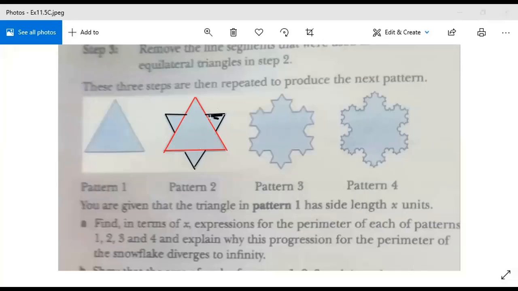We can use this black color to show this. The black color is here.